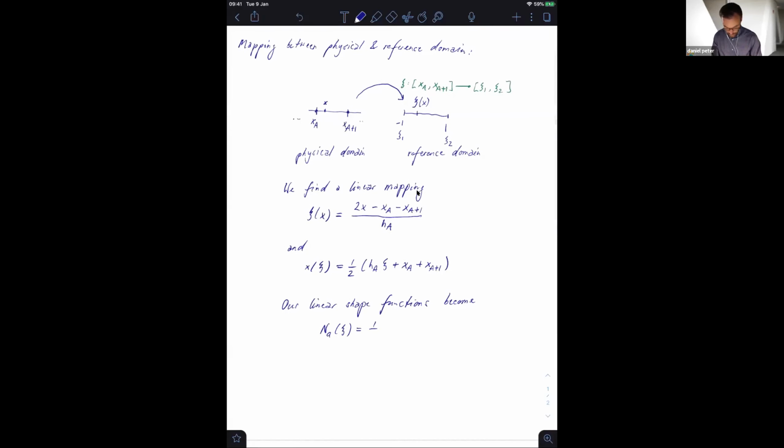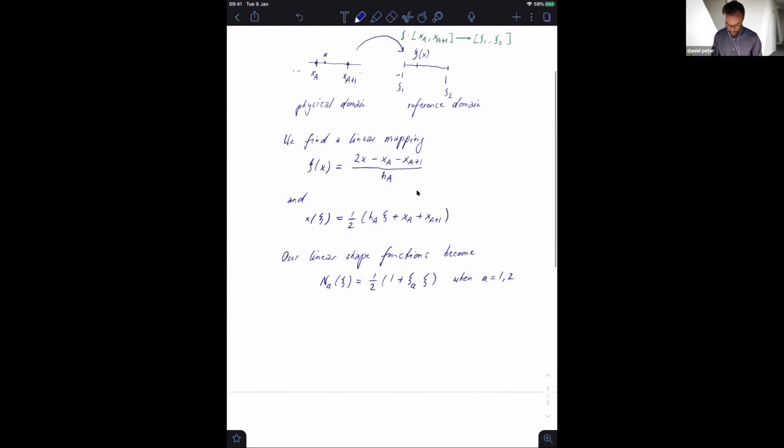So they are defined in the reference domain. It's 1/2 times 1 plus xi A times xi, where xi A is either the left or right point, and xi the position. And here A is 1 or 2. Xi 1 would be -1, and xi 2 would be +1.